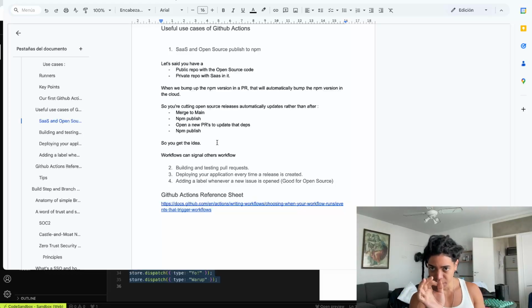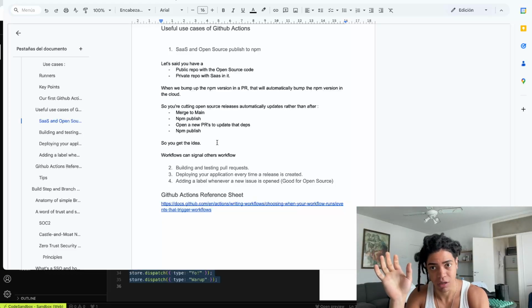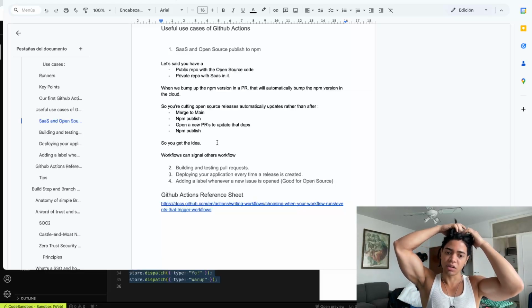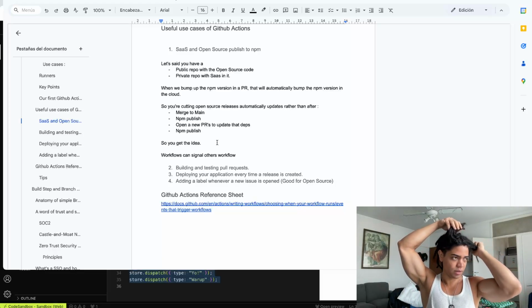These are the specific things that GitHub Actions allows you to do, okay? If you can go outside of that, that's up to you. You are free to choose your own adventure. But in this particular case, I will go with this.